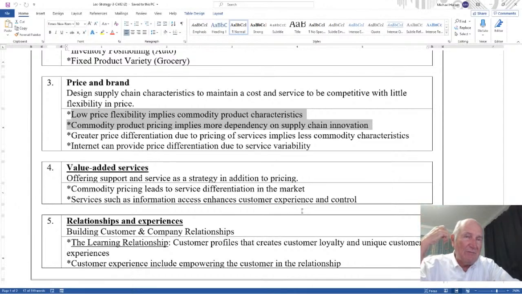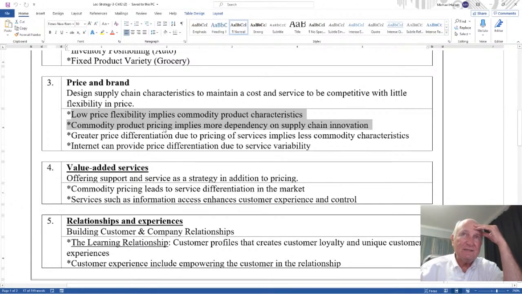Then you have metals. Then you have cotton. Commodities are essentially the fundamental building blocks of your products downstream. So low price flexibility implies a commodity product characteristic.